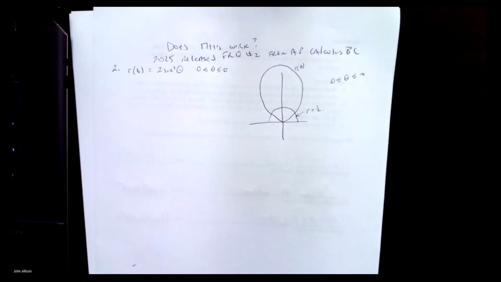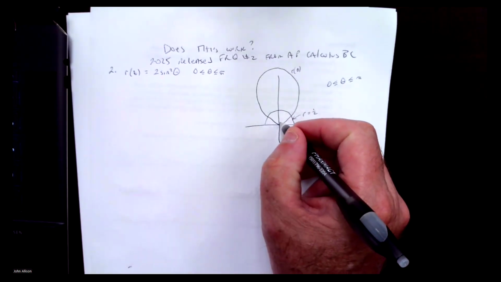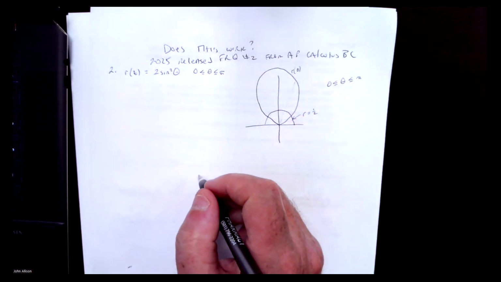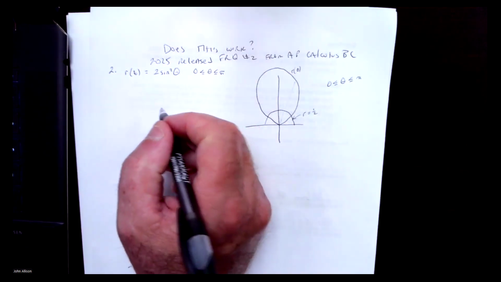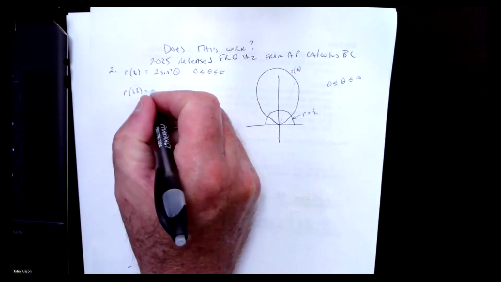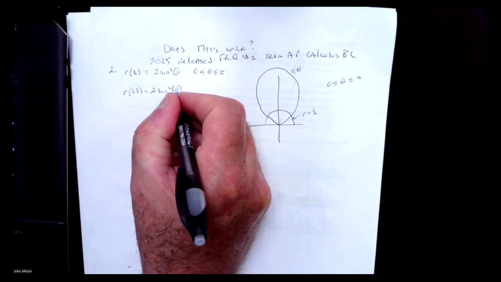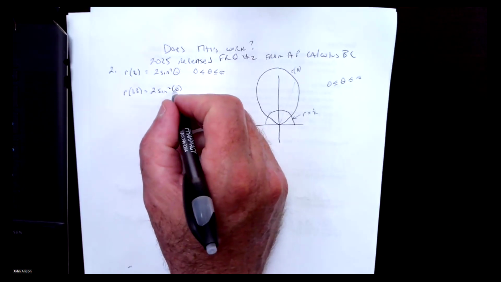Part A asks for the rate of change of r with respect to theta at the point on curve C where theta equals 1.3. So when theta equals 1.3, r is 2 sine squared of 1.3.